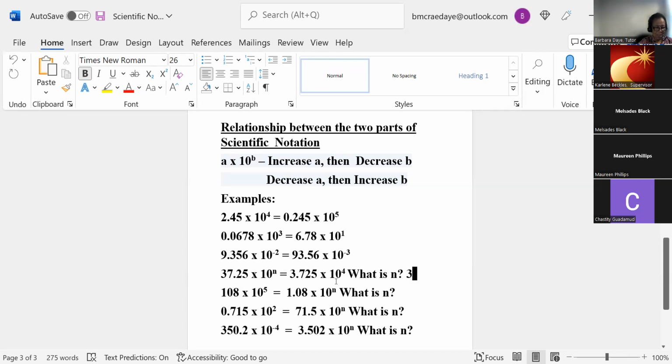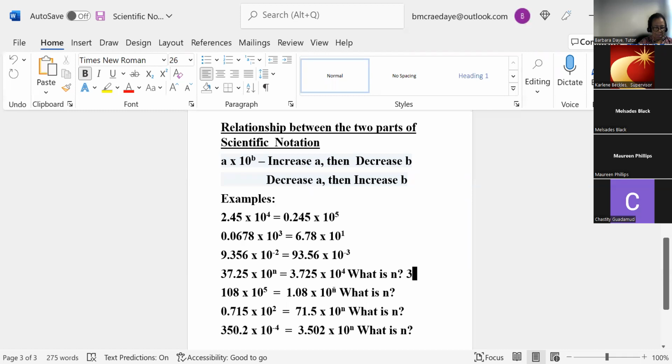Decrease, power, then increase. So what would the n be? 2? No. You went from decimal point here to decimal point here, right? That's 2 places. So that's a decrease. So your power then must increase. So 5 goes to what?